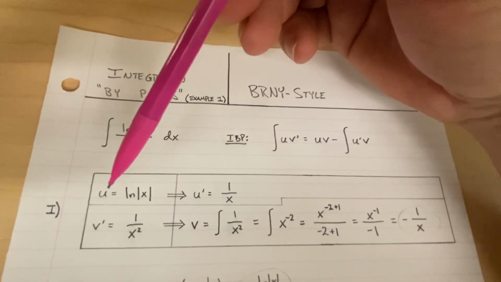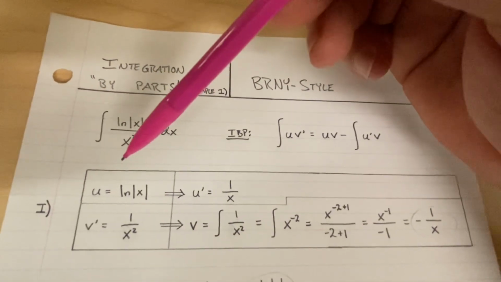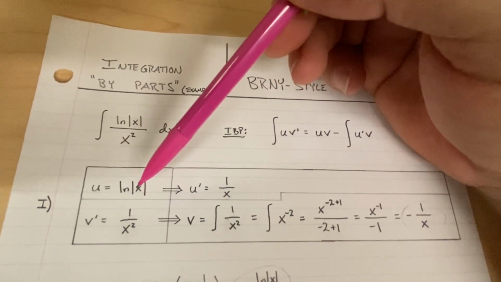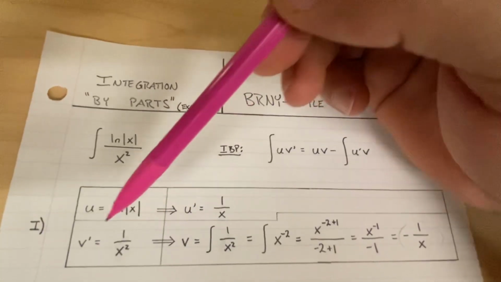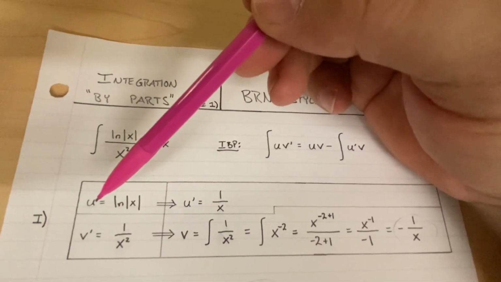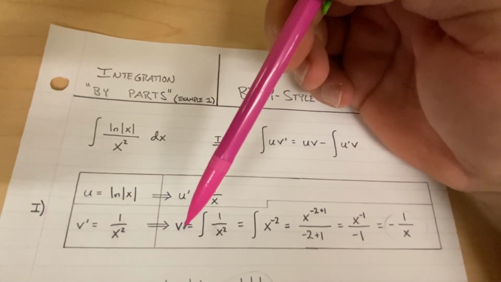Now when you're choosing the u and the v prime, you're going to want to do it in such a way that whichever expression you pick for u is going to be easy to take a derivative of, and whichever expression you pick for v prime is going to be easy to take an integral of, because you're going to need to go from u to u prime and v prime back to v.